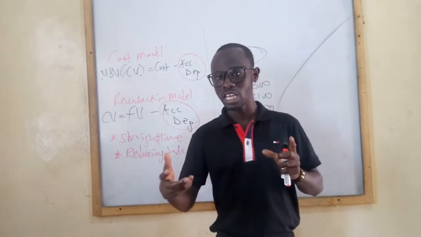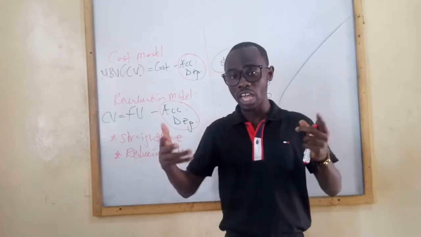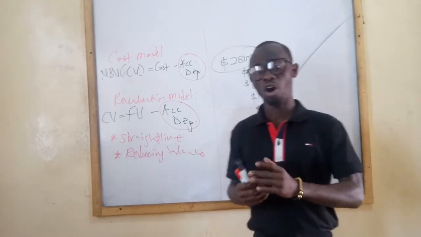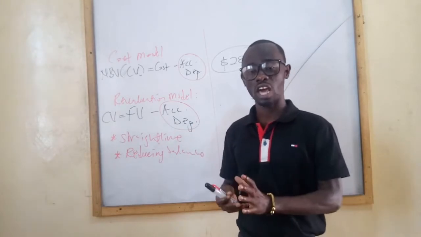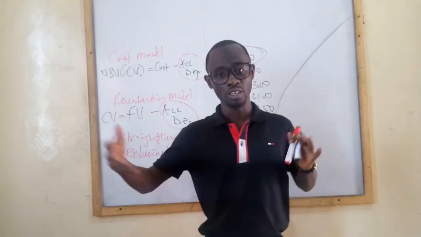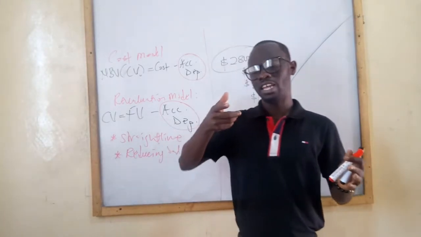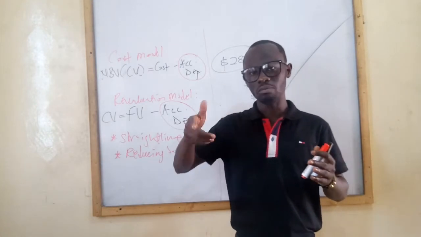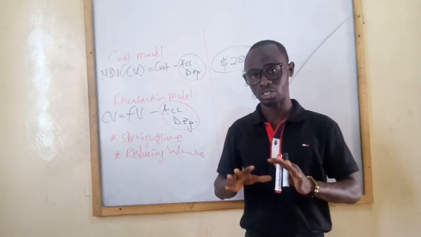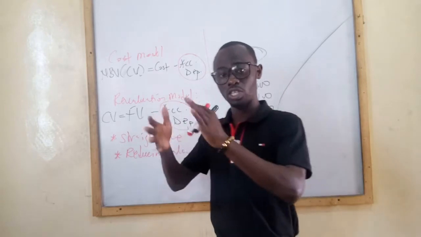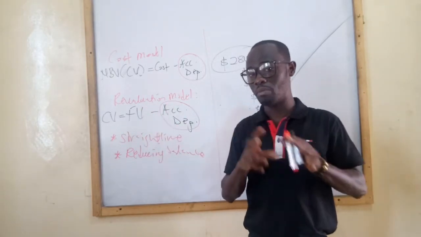That means that the 15 years becomes the economic life of the asset, right? Or we can simply say now the useful life of the asset is going to be 15 years. So it is a word that is used interchangeably, but you must look at the circumstances under which the word is being used.